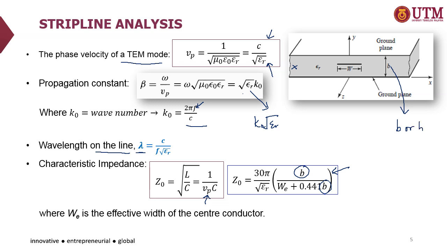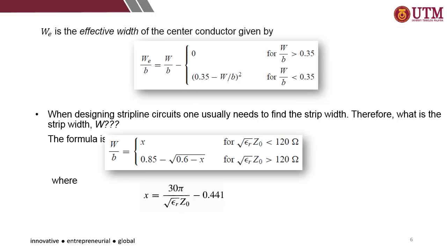Okay, and the WE here is basically the effective width of the center conductor. Why is there an effective width? Because the strip line lies in between two ground planes, and you have the dielectric materials in between.